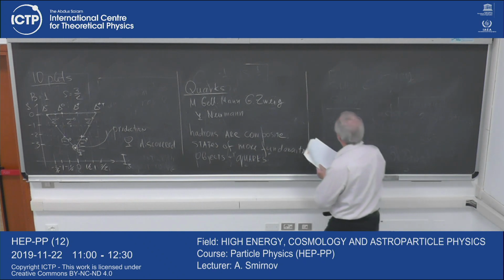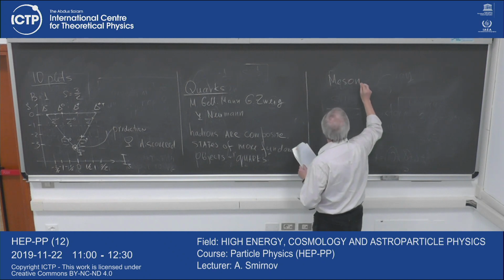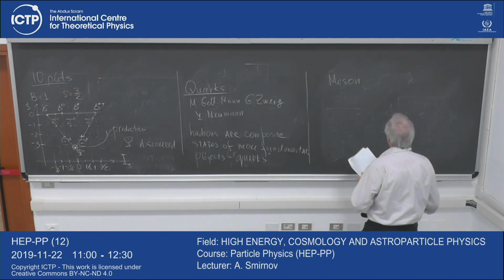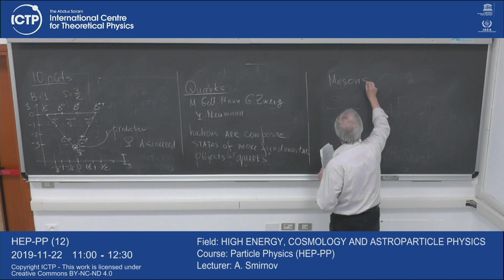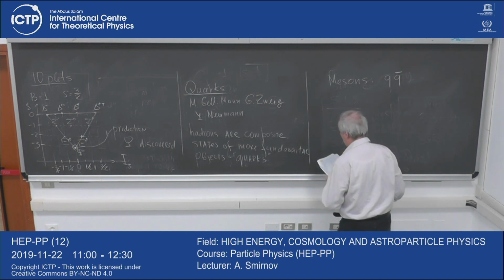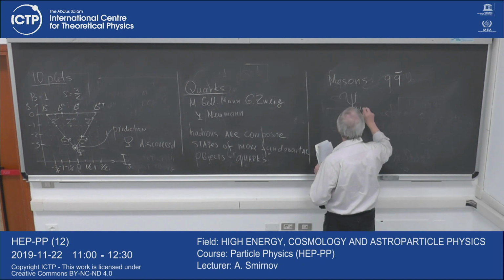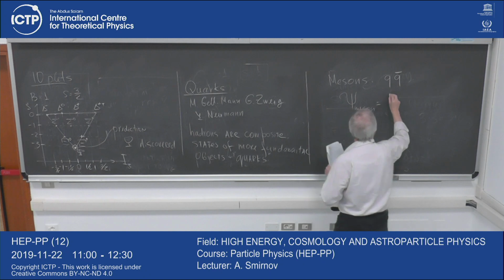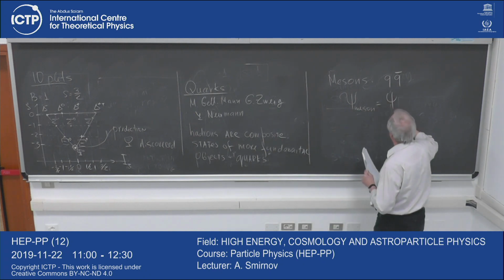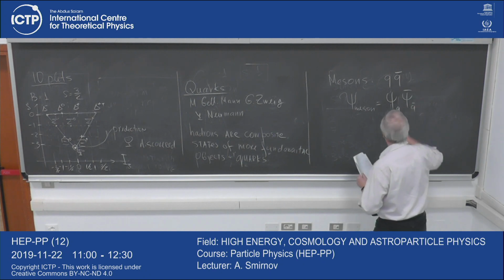is that the mesons are composite systems of quark and antiquark. So that the wave function of the meson is the product of the wave functions of quark and antiquark.